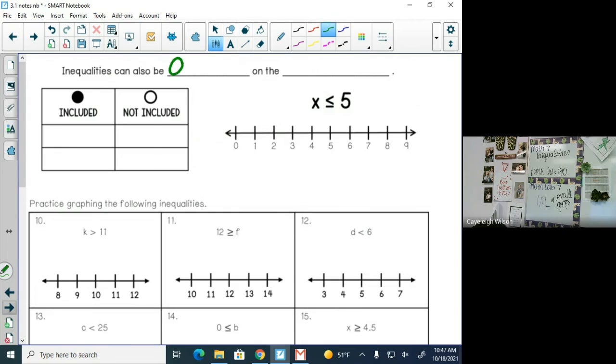All right, inequalities can also be graphed on the number line. Now, there are two types of number lines, okay? We have less than and greater than. And what's the difference between less than and less than or equal to?